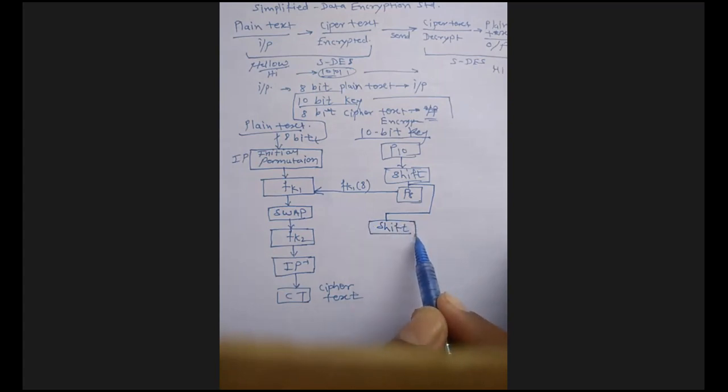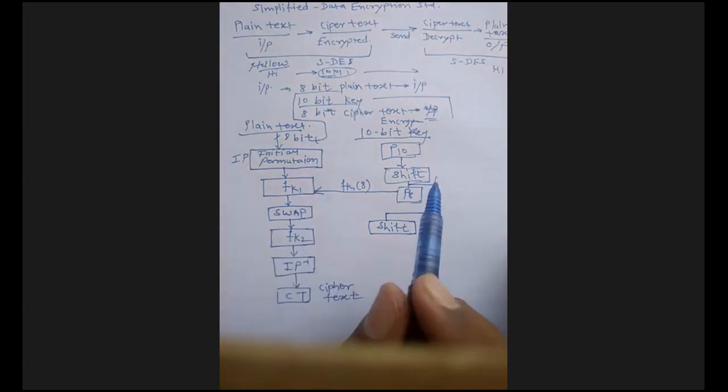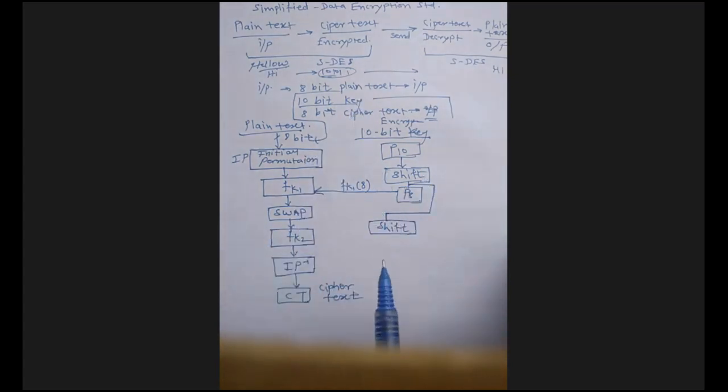Shift means the left characters shift to the right. That again I have to explain to you, how you can perform the shifting. And then perform P8 again, which is my other key, and that is nothing but your FK2. This FK2, function key 2, again has 8 bits.